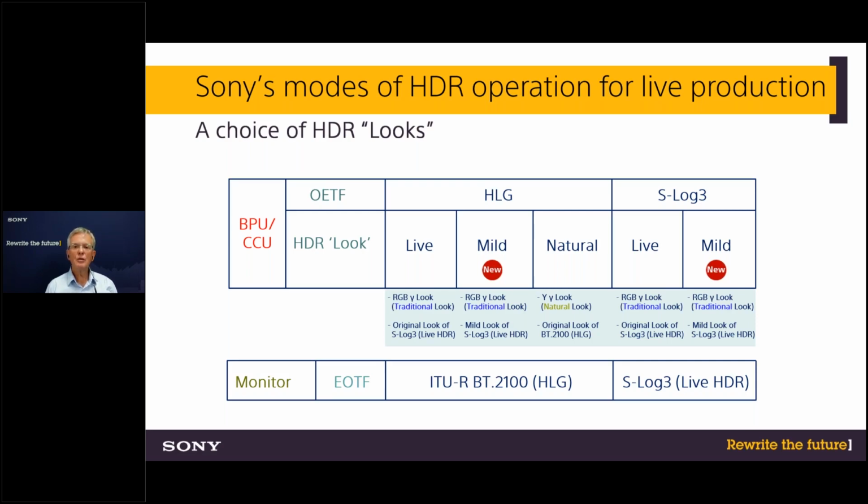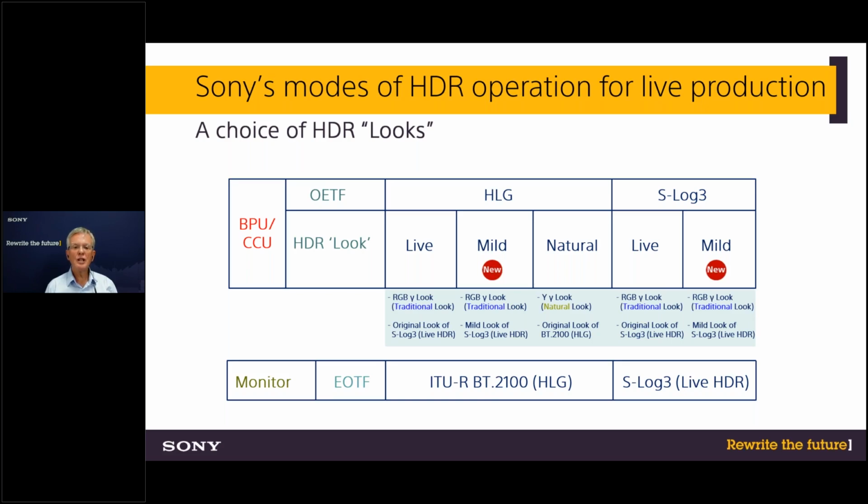The second row, called HDR look, shows the options available in the camera's CCU related to the selection of picture look. 3 options are available when working in hybrid log gamma: a live or mild traditional look, where gamma is applied to RGB, and a natural look, where gamma is applied to luminance.